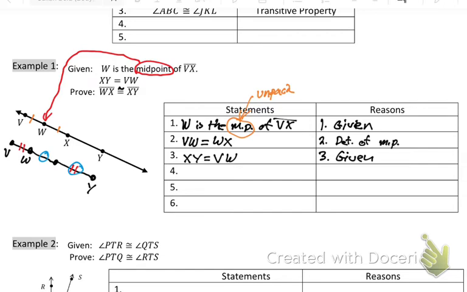Is there anything that links those two statements together? The transitive property, the VW connects them together. So just looking here, VW and VW link these statements together, which means by the transitive, I can write this as WX equals XY. That is going to be the transitive property.